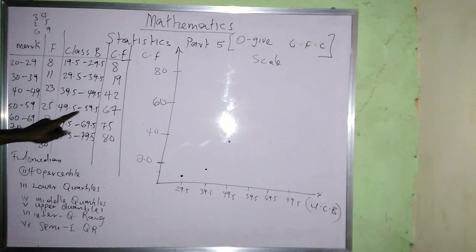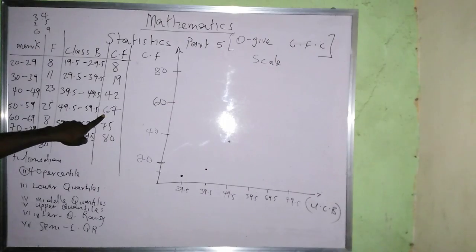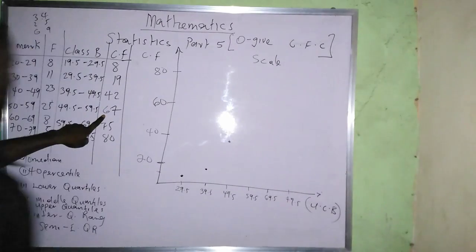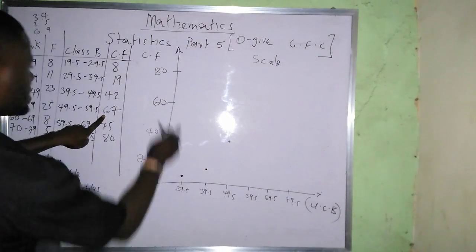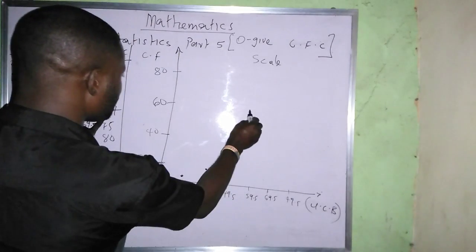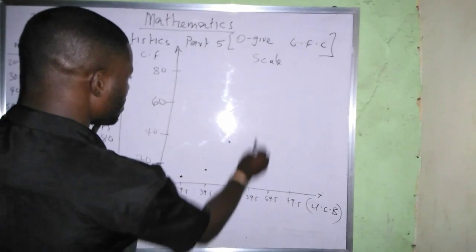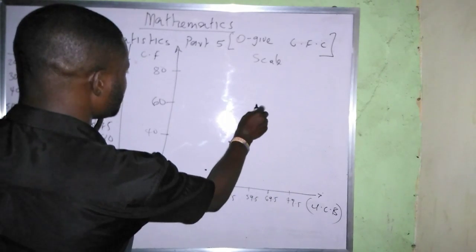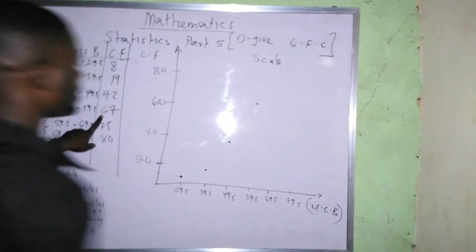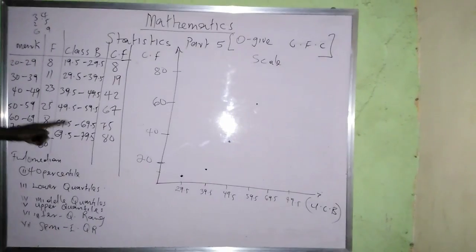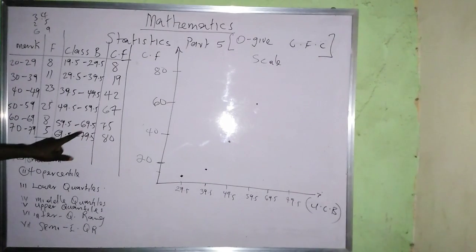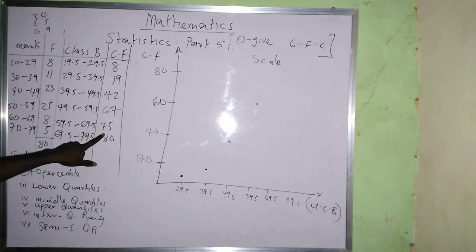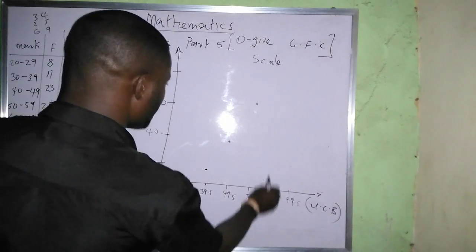Now, at 59.5 it is 67. My 67 is above 60. Now, at 69.5 it is 75.